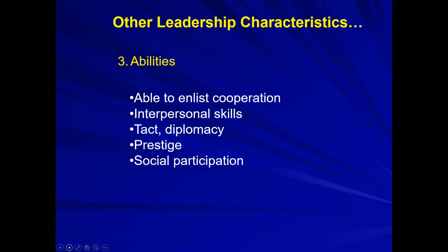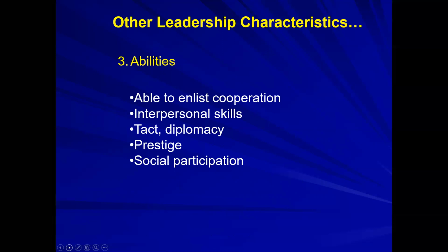So a leader must also be tactful. He or she should be very careful with what he or she is uttering. Okay, there should be diplomacy, prestige, and of course social participation as well.